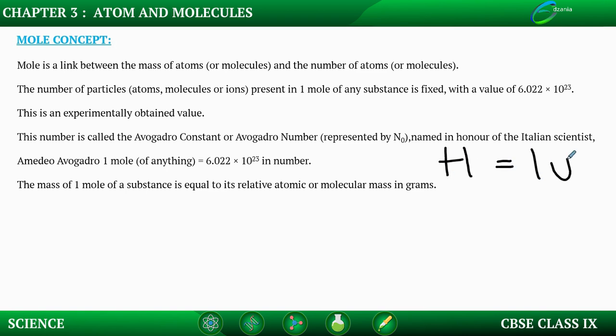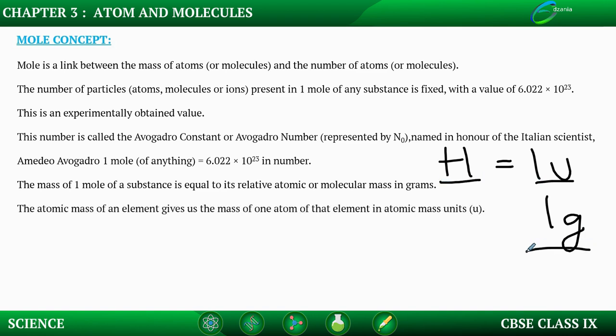Therefore, its gram atomic mass is 1 gram. One unit of hydrogen has only 1 atom of hydrogen and 1 gram has 1 mole of hydrogen. And we know that 1 mole is equal to 6.022 into 10 raised to 23.